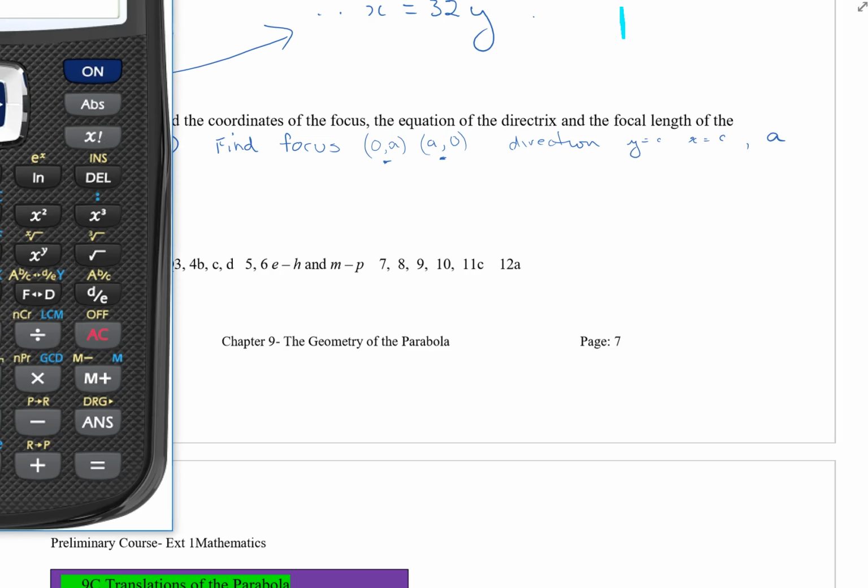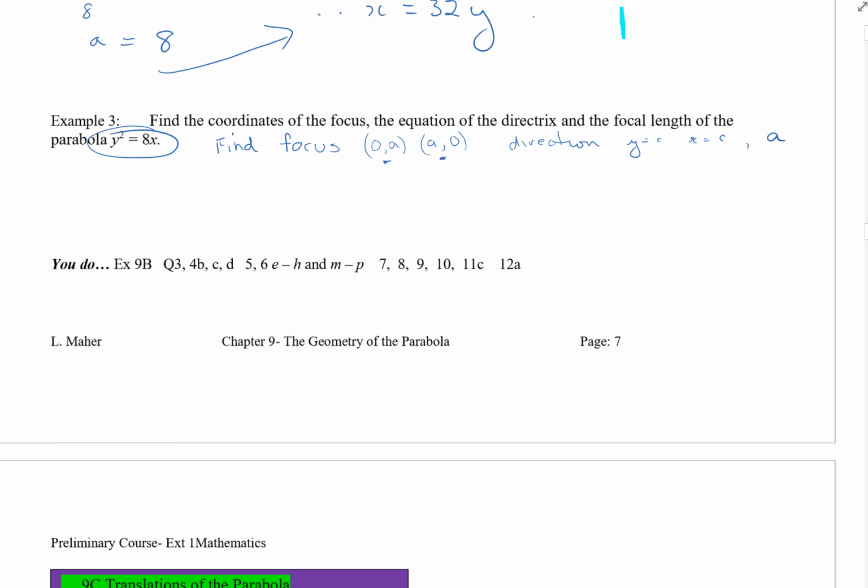You're given that y squared equals 8x. Now, you could probably sketch that: it's y squared, it's on its side, it's positive, its vertex is the origin, it's here like this. So what can you get from that? You can get that the focus is certainly going to be on the x-axis.